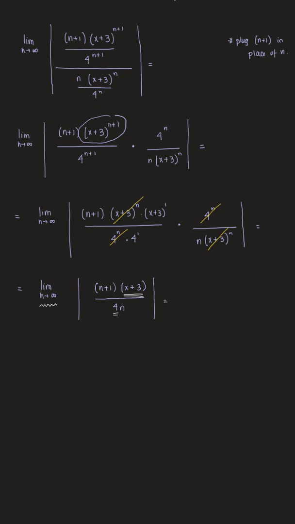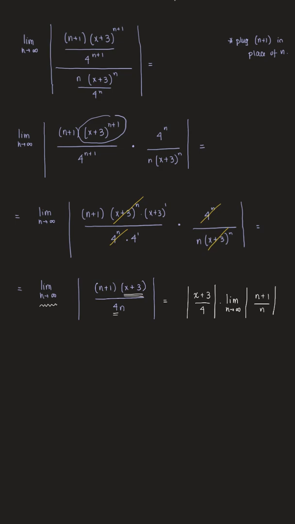Taking the limit as n goes to infinity does not change x plus 3, and it doesn't change the number 4. So I'm going to pull that out in absolute value outside of the limit as the absolute value of x plus 3 over 4.